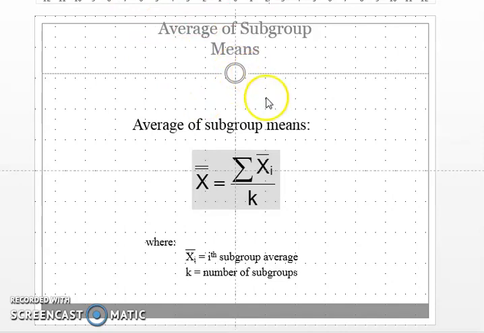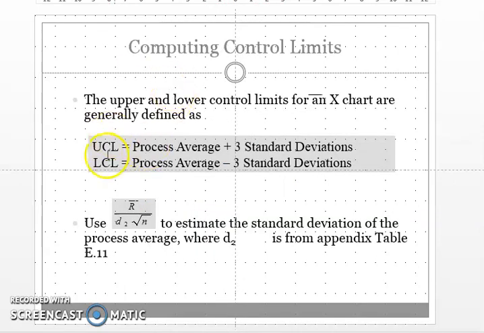Here average of subgroup means, X double bar, is equal to summation of X bar of ith group divided by K, the number of subgroups. Then next you have to calculate UCL, the upper control limit, and lower control limit.